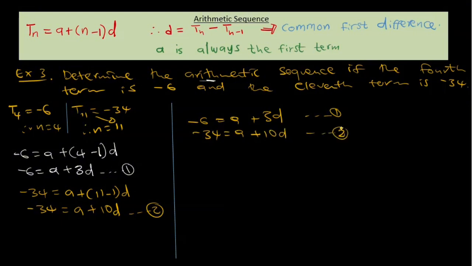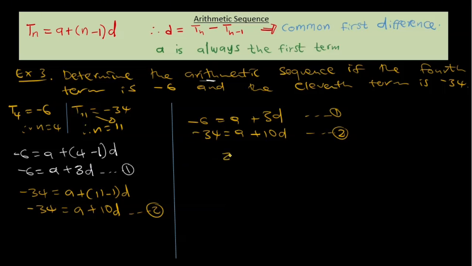What I'll do is say, since I've got the same variable here, if I say equation 2 minus equation 1, this variable will fall away, and I'll only be left with one variable. Then I get the value of that variable, go back to the equation, and get the second variable's value.